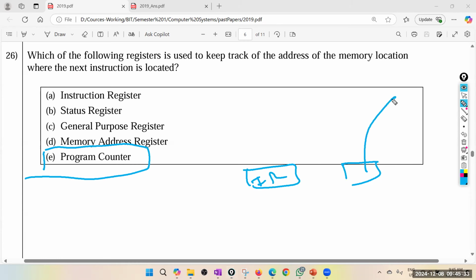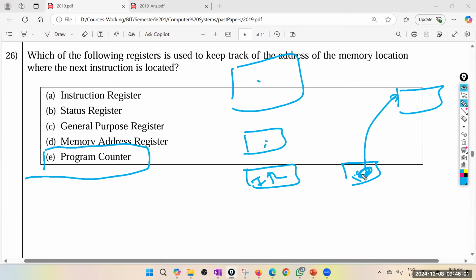Your program counter value is copied to the memory address register. So at the beginning, it has the first instruction's memory address. Then that instruction is loaded to the instruction register. Then after decoding, remember this is updated. This is after decoding, before executing by the ALU.